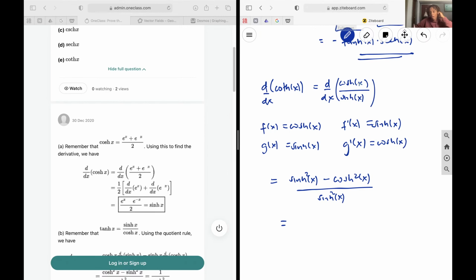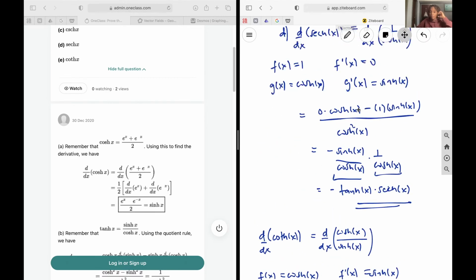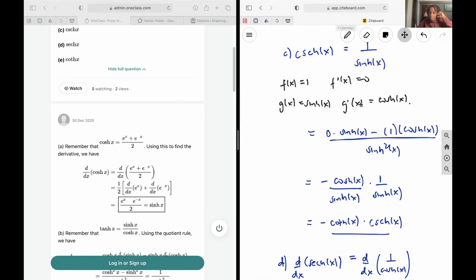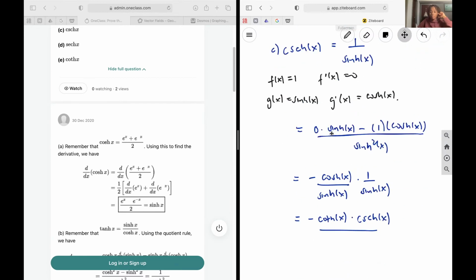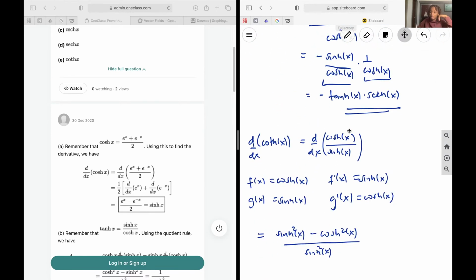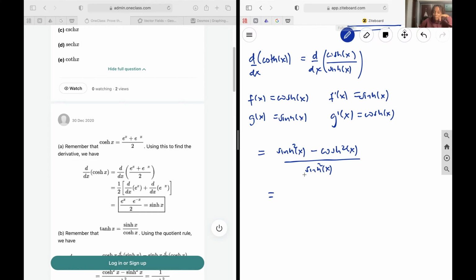Remember our identity from up above, the last time that we saw this, in which we stated hyperbolic cos squared minus hyperbolic sine squared is 1. And we can see something similar here. We have negative hyperbolic cos squared minus hyperbolic sine squared, all over hyperbolic sine squared.